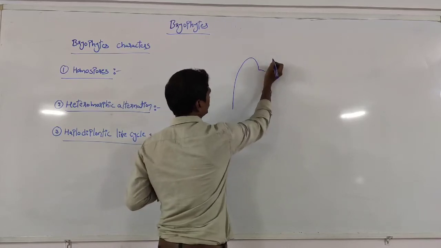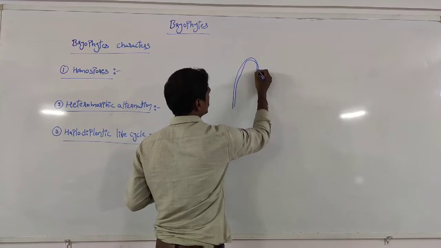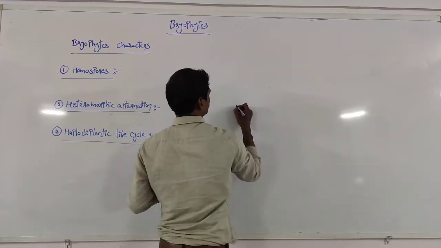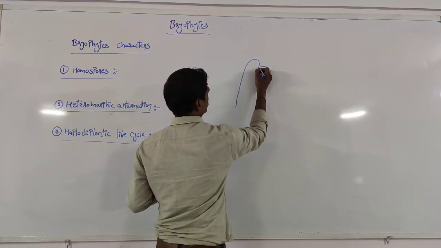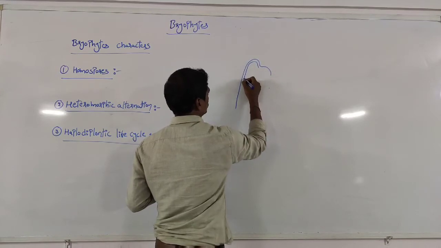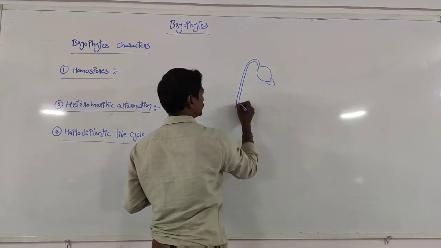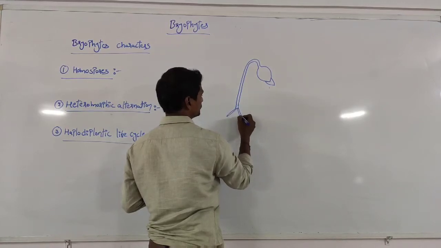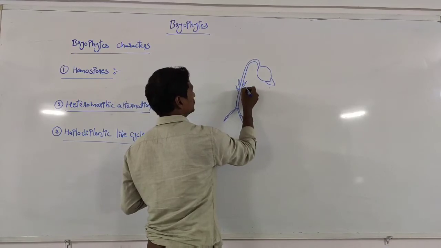The sporophyte has a capsule. Here there are rhizoid-like structures, and there are leaf-like structures.